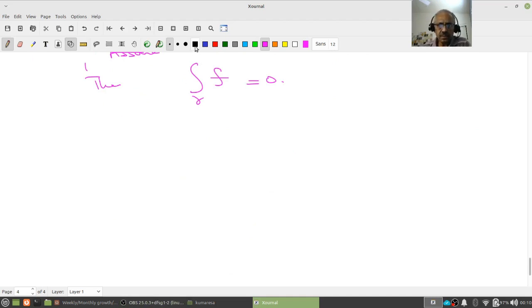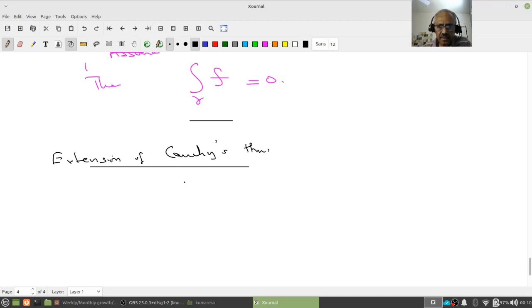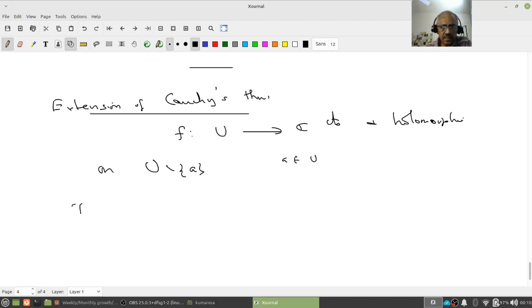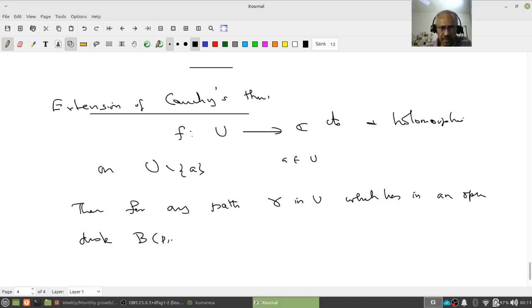So let's go back to this. There is a slight extension of Cauchy's theorem. It says that suppose f from U to C is continuous and holomorphic on the open set U minus some point a, where a is a point in U. Then for any path gamma in U which lies in an open disk B, not necessarily with radius R, it may be anything, contained in U, the integral of f over gamma is 0.